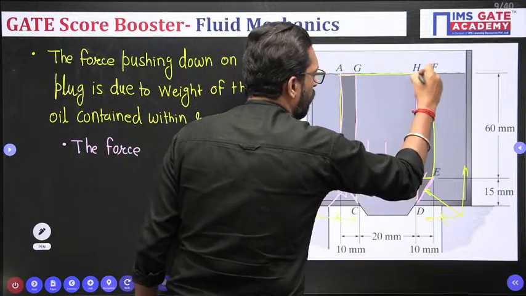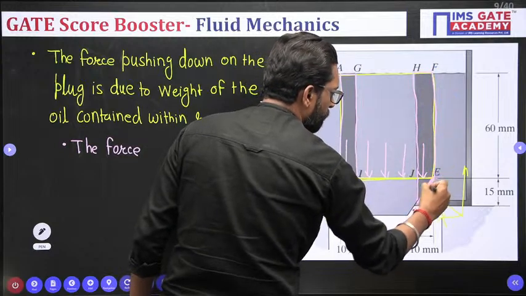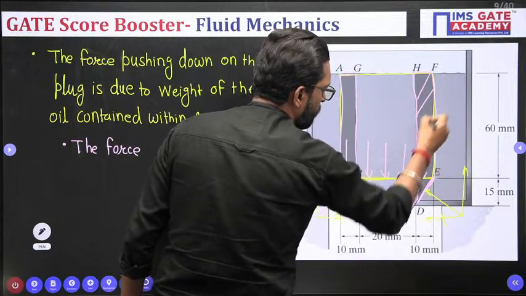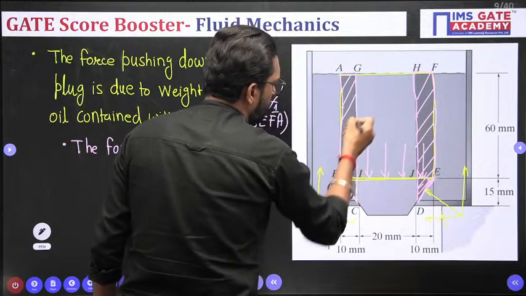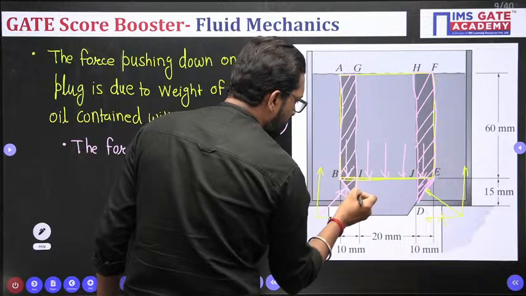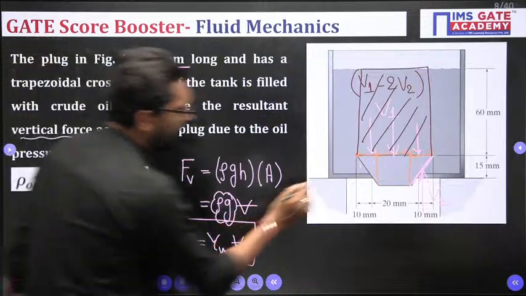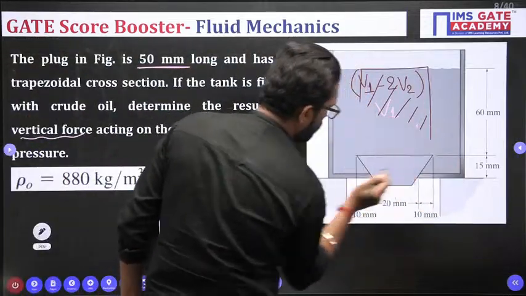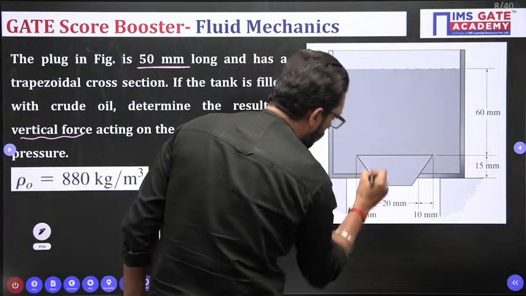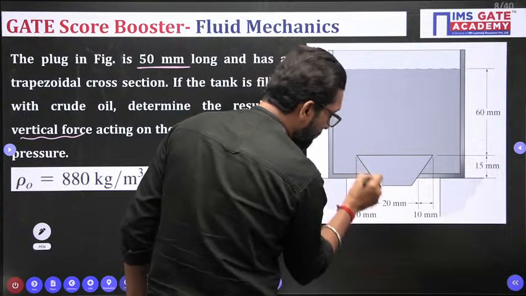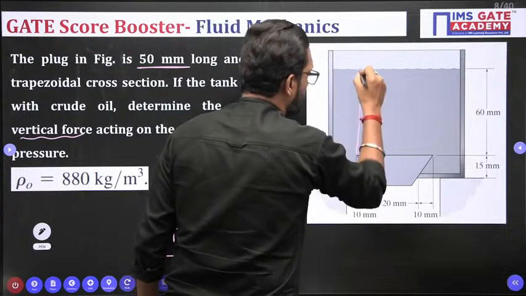So, water is held in this region. You might think, okay, sir, in this one there is no water, because this is solid. So how to project? No, this is slanted, so project this vertically up.